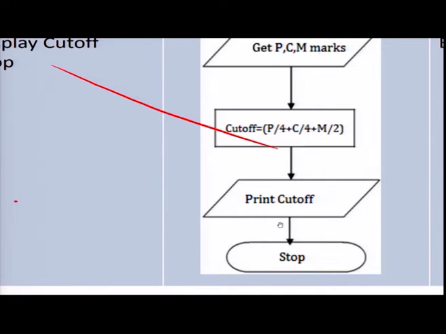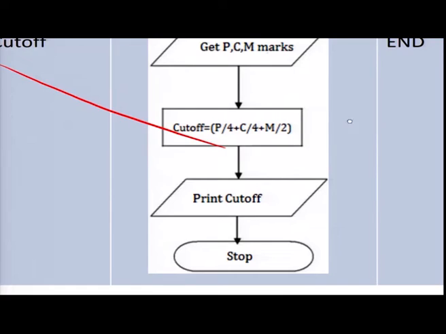My dear viewers, if you are going to change the symbol, your entire flowchart will become wrong. So see to that you are drawing it correctly. For begin and end, for start and stop, it is the oval symbol. For getting the input and output, it is the parallelogram symbol. For doing any kind of computation, it is the rectangle symbol. So you are printing the cutoff, you are stopping it.